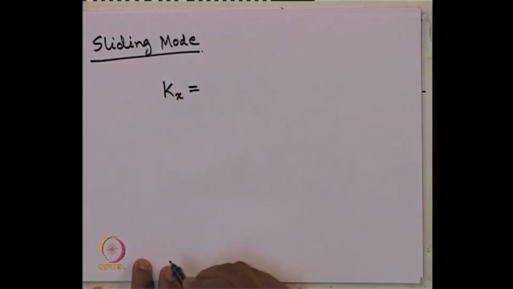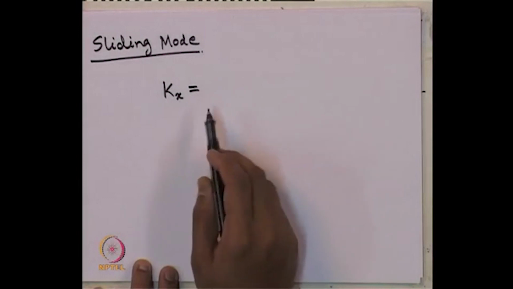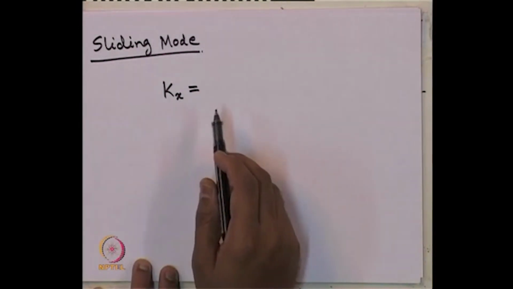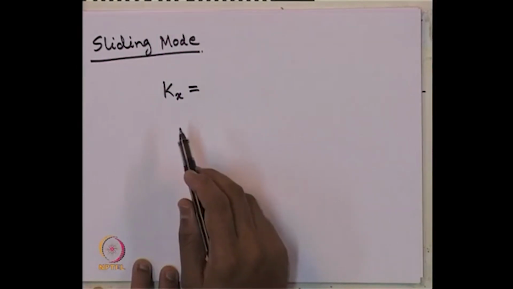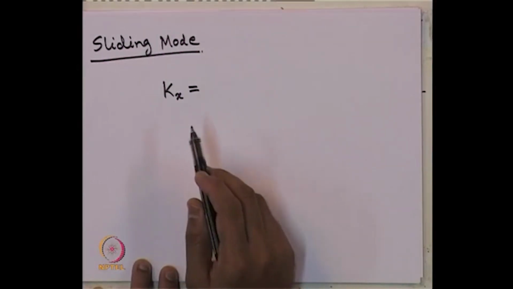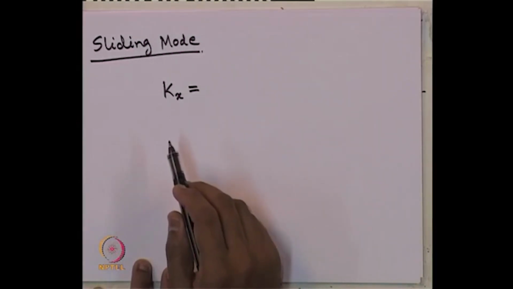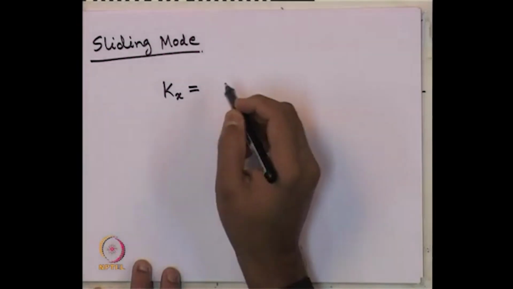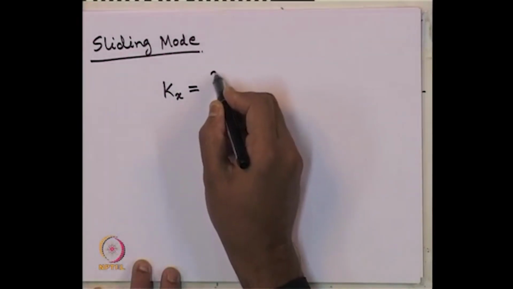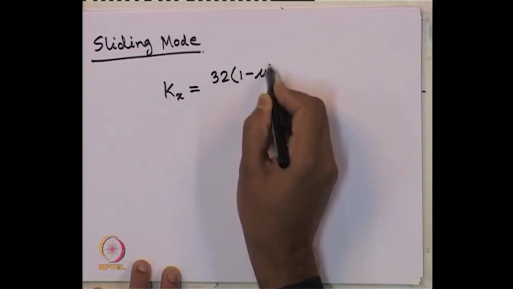Once again, as I had already mentioned, it can be computed using Kx equals to C tau times A. C tau can be computed from Cu or Cz using cyclic plate load test data, or using analytical expressions based on theory of elasticity. The expression Kx can be used for this purpose. In that case, the expression is given like this.